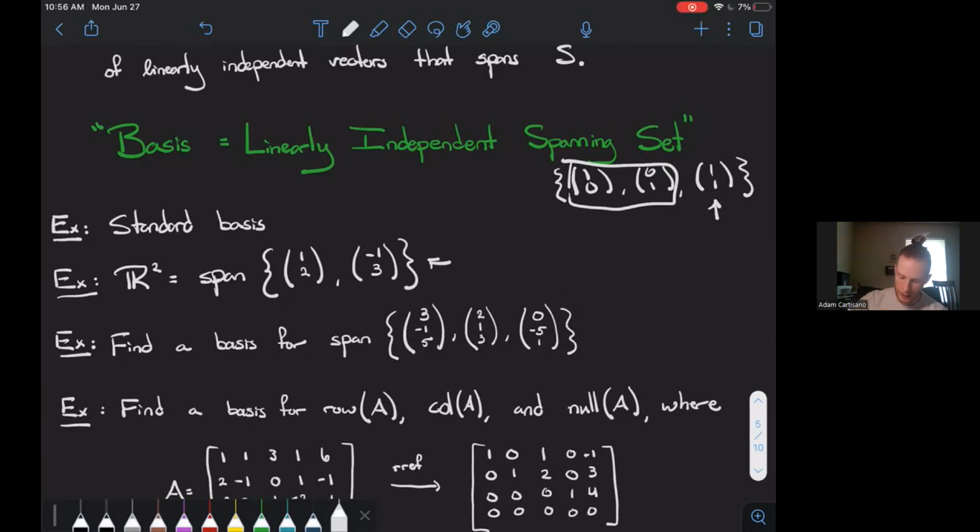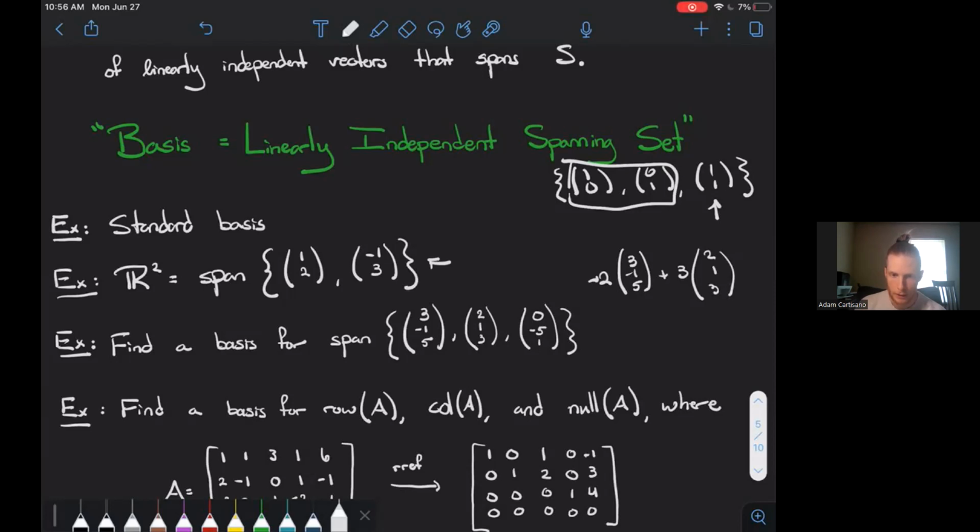Specifically, I believe that -2 times (3, -1, 5) plus 3 times (2, 1, 3) will get you that one, (0, -5, 1), I believe. Right, that's -6 plus 6, 0.